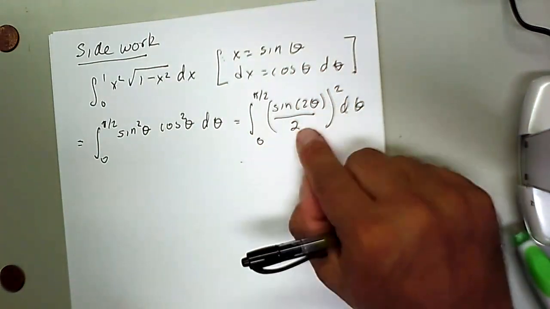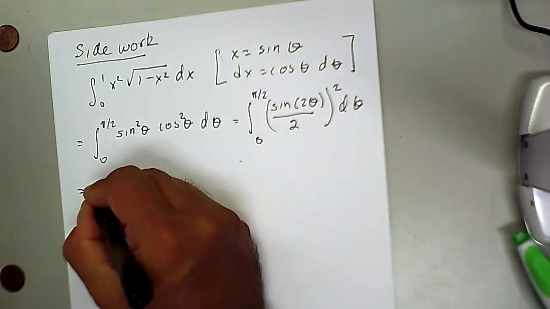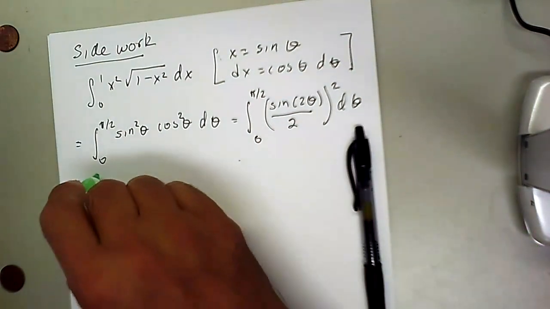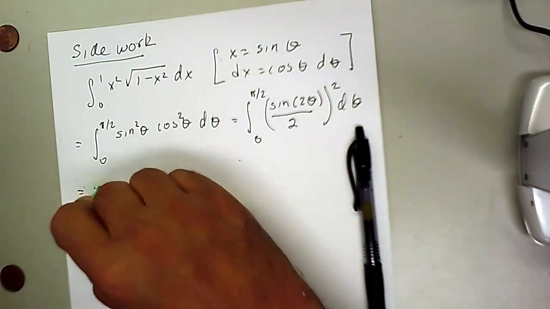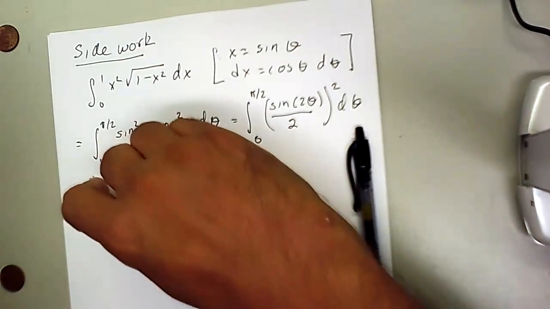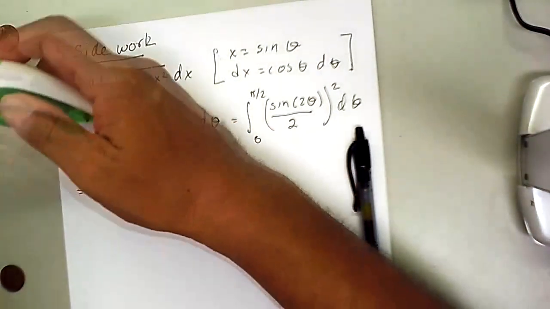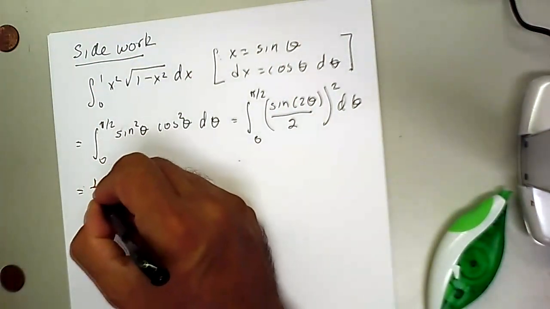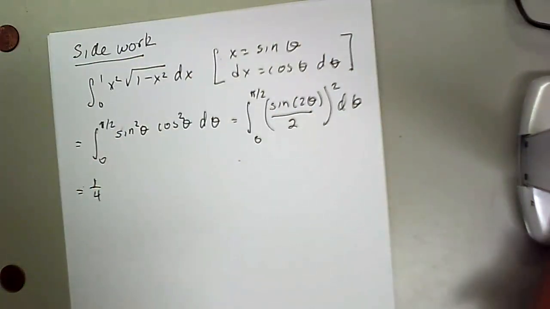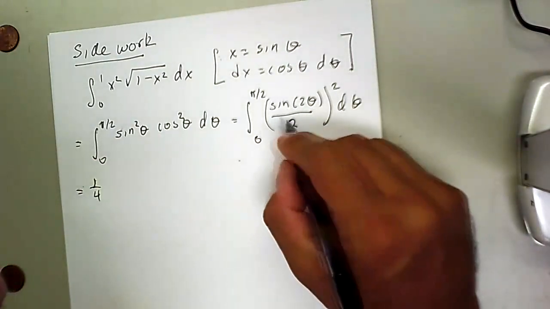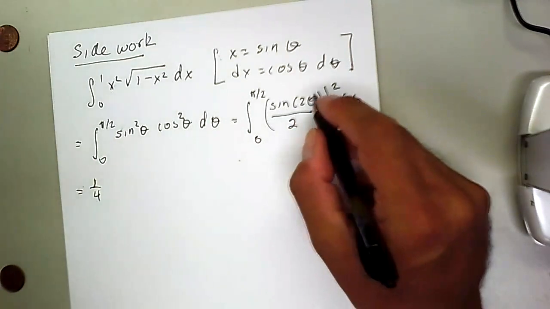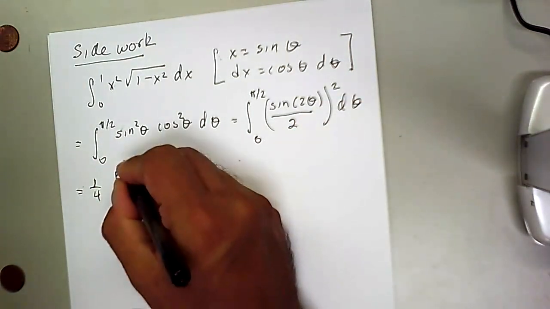Okay, so that causes a 4 to factor out. Oh, 1 over 4, not just 4, but 1 over 4. That comes from the denominator, and then we're integrating sine squared from 0 to pi over 2.